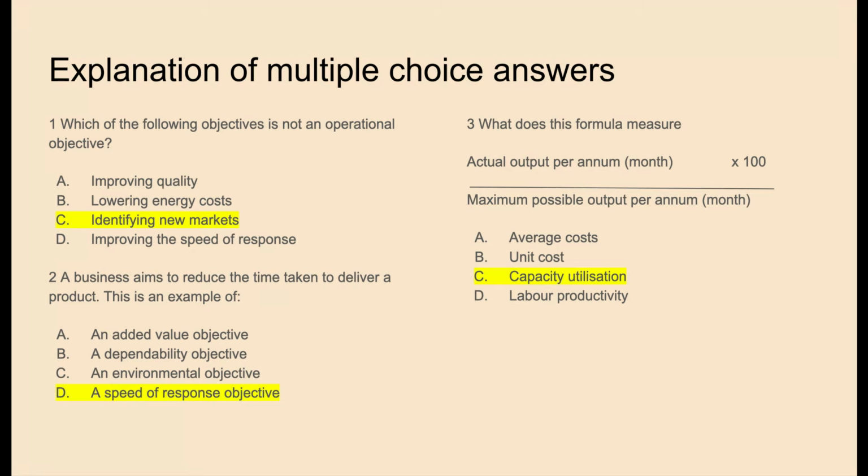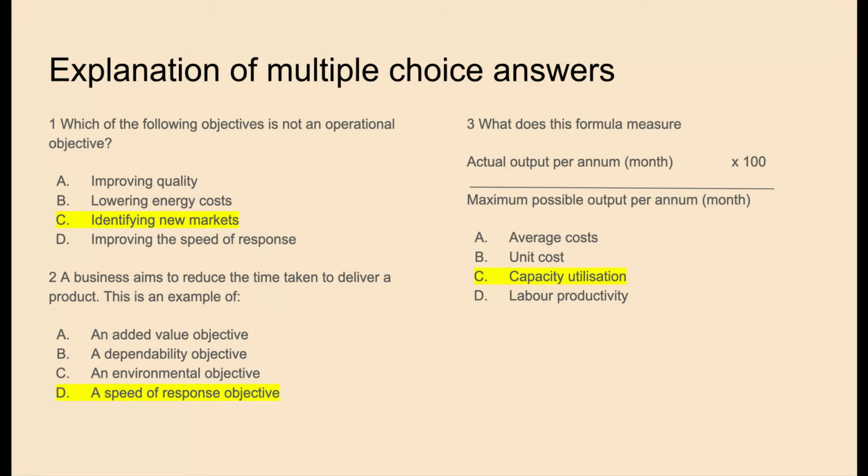Business will employ more staff? No, I don't think you would. So the only advantage of the 4 options is less pressure and stress for employees. That would be D for question 4.